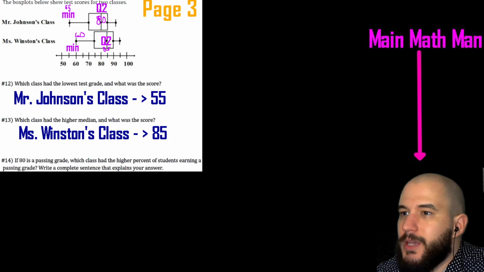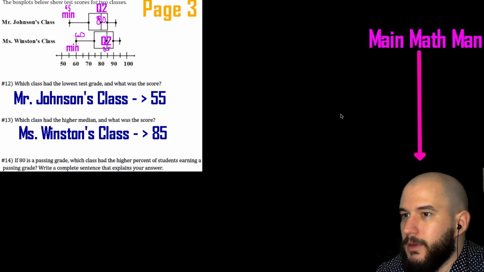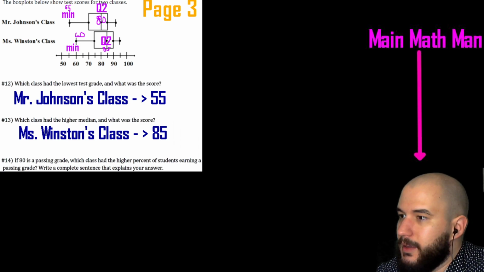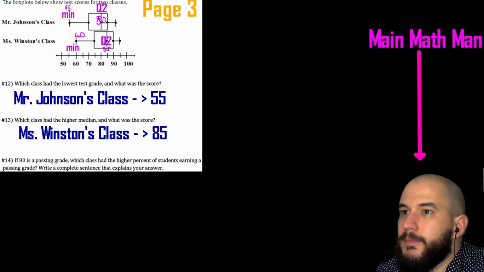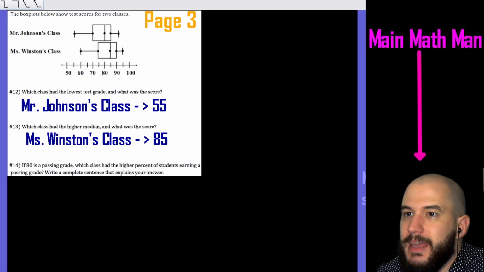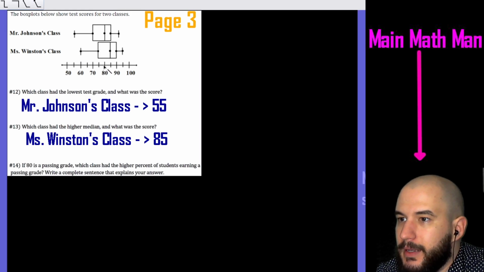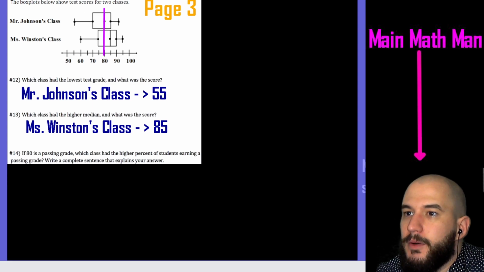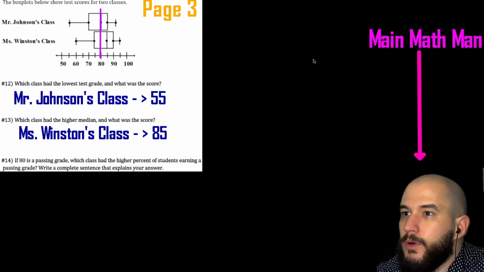Now you want to make sure you make a claim and back it up by referencing the graph. Let's clear out some of this stuff so you can see it a little easier. We're saying, where is 80 at? I can put a nice pink line on 80. We're looking for a percentage of each class.